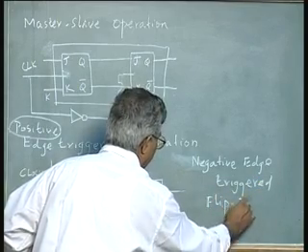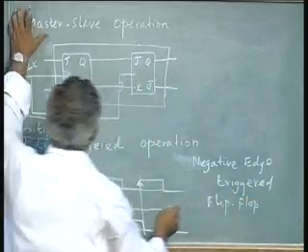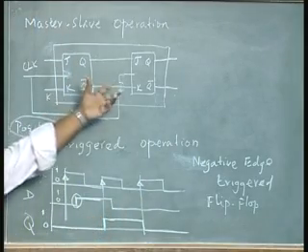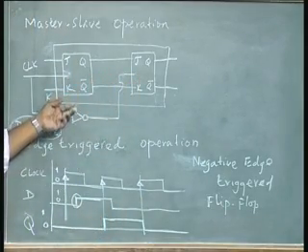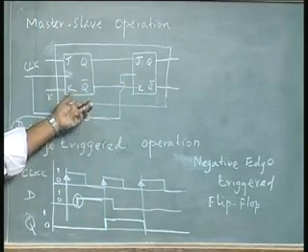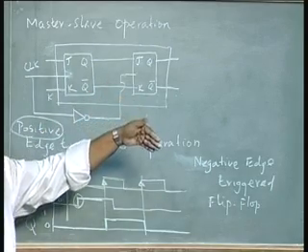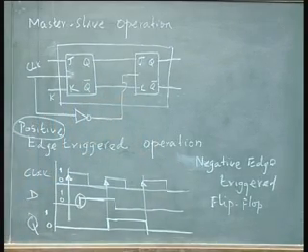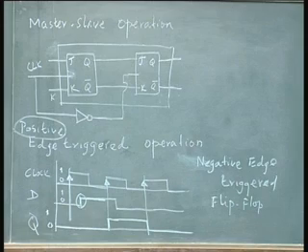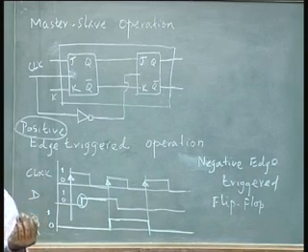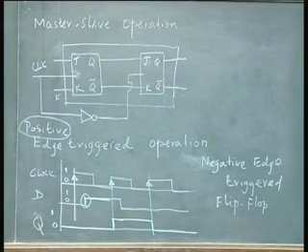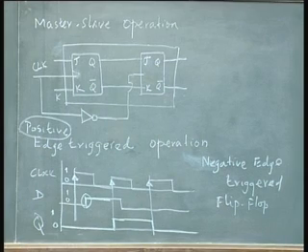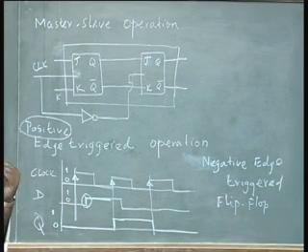So, these are the two options. The master slave option, where you require an extra flip flop, because of which there is extra hardware and a little slowing down of the maximum frequency of operation. I will not worry about it too much. The maximum frequency of operation today is so high, and for most of the common circuits that we design in digital circuits, except in very high performance circuits, this is not a problem.